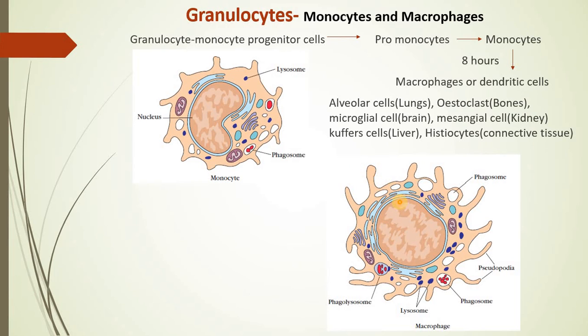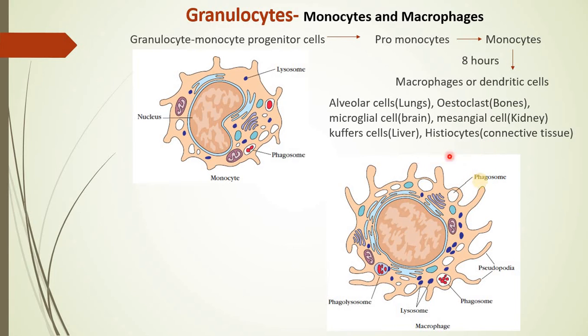So in the case of lungs, you can see a large number of alveolar macrophages. Likewise, osteoclast cells are present in bone, microglial cells in the brain, mesangial cells in the kidney, Kupffer cells in the liver, and histiocytes in connective tissue.